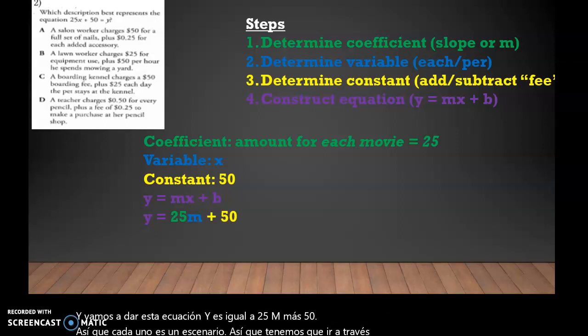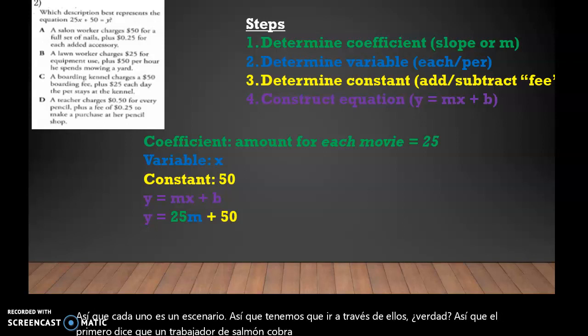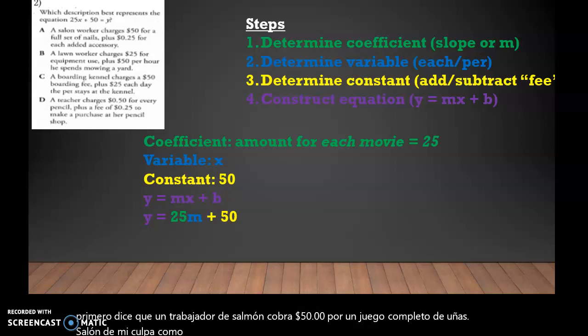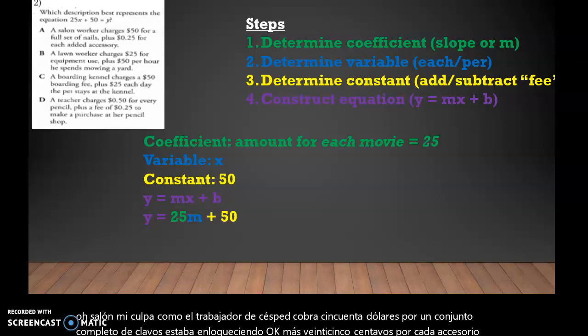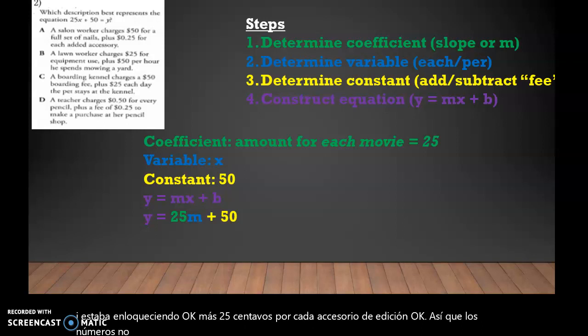So the first one says a salon worker charges $50 for a full set of nails, plus 25 cents for each added accessory. Okay, so the numbers aren't actually correct. So we'll notice that in our equation we have 25x, and in answer choice A, it's 25 cents. So obviously A is incorrect.